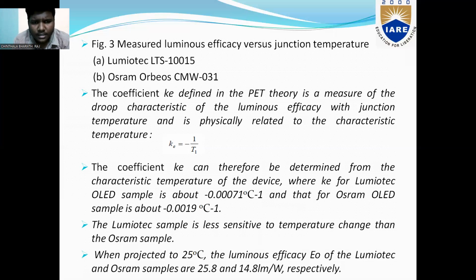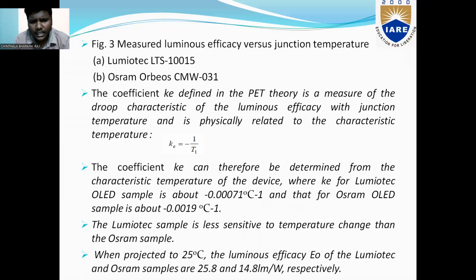The coefficient Ke defined in PET theory is a measure of the drop characteristic of luminance efficiency with the junction temperature and is physically related to the characteristic temperature, that is Ke equals minus 1 by T1.